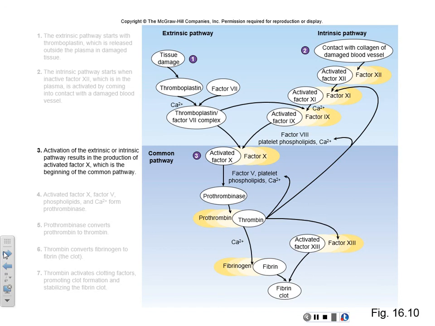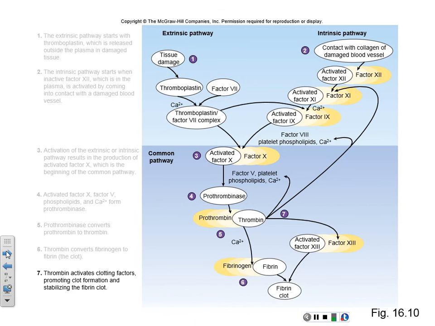And then thrombin is going to do what? Convert fibrinogen to fibrin. And then thrombin, in the presence of calcium ions, activates factor 13. Factor 13 is the one that stabilizes the clot and strengthens it with cross connections that occur. So that's the prothrombin, and that's the clot formation, and of course factor 13 in the end.